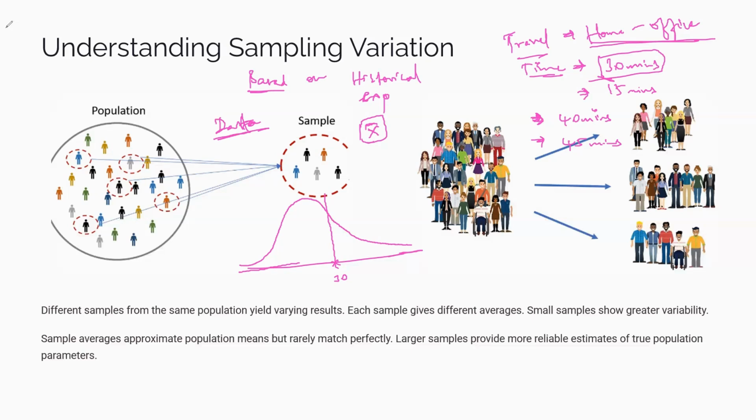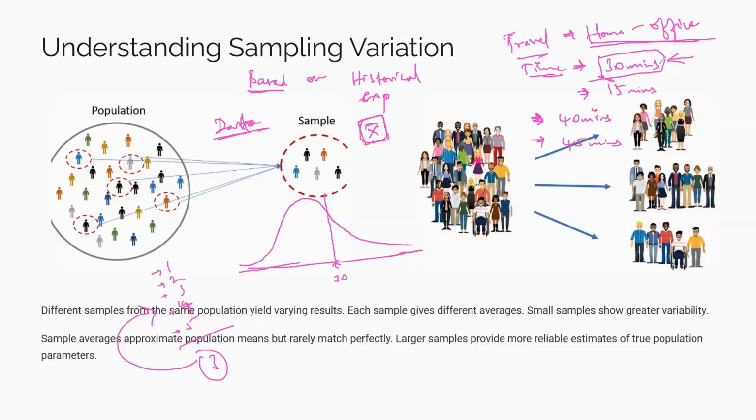So there may be some kind of variation in this, isn't it? If I say 1, 2, 3, 4, 5, we are saying 3 is the average. But when you look into this data carefully, we see each value has some variation associated with it, isn't it? So average is fine, but we also have to give this variation.